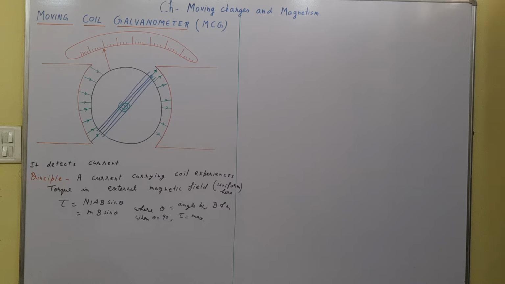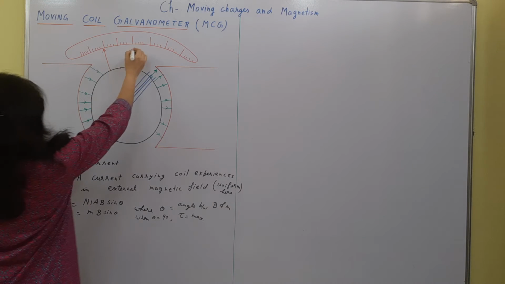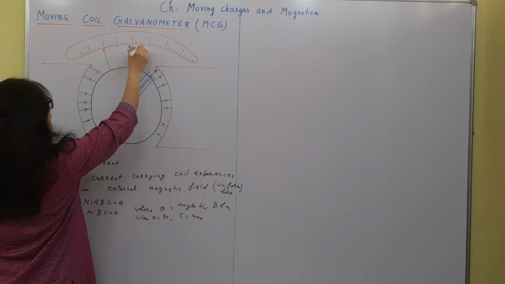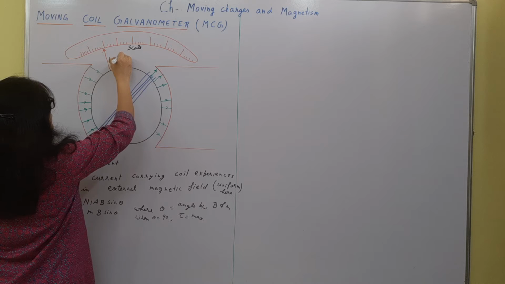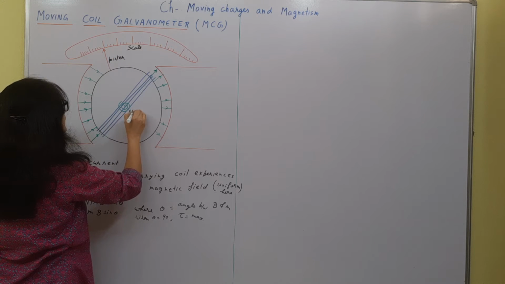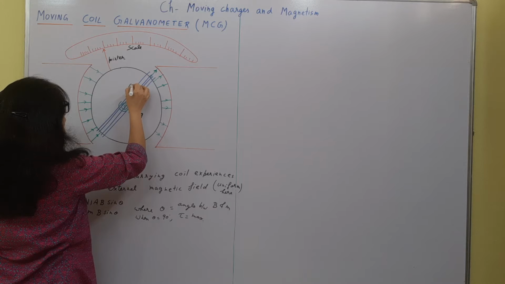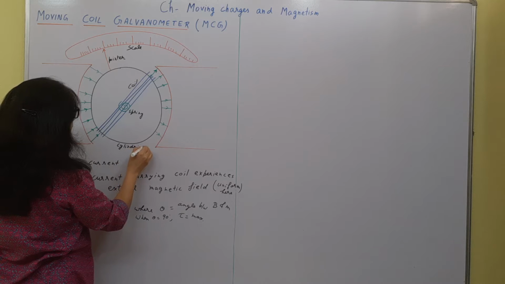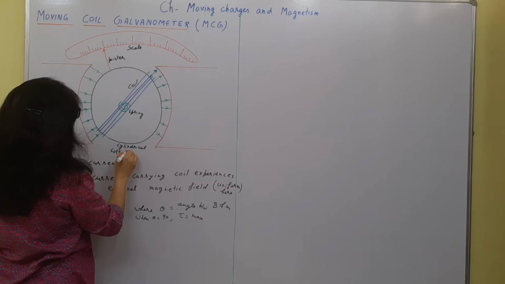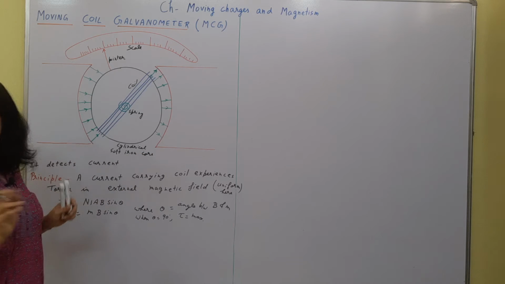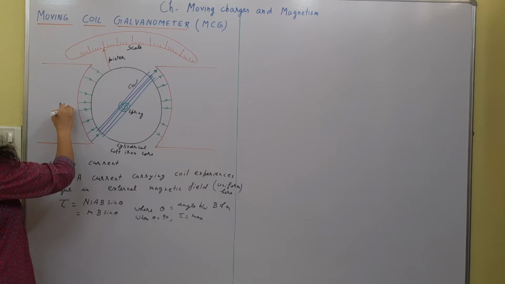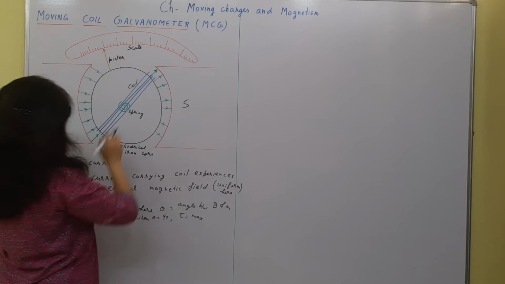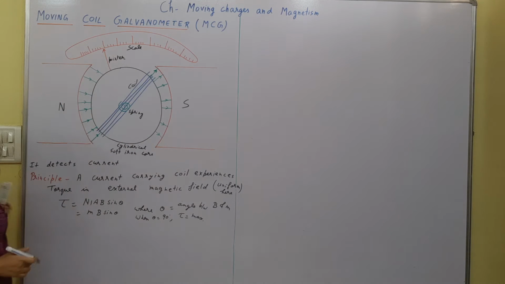This pointer gives the value of the current. So this is your scale. This is the pointer. This is the spring. This is the coil. This is the cylindrical soft iron core, and these are the cylindrical magnets. As I told you how it looks from the top, I have drawn the top view of the setup. So these magnets are also cylindrical.